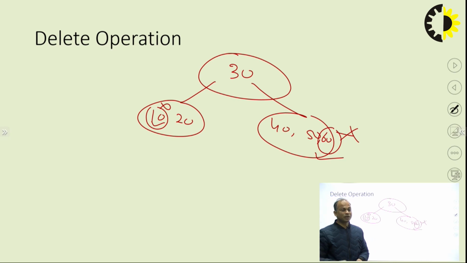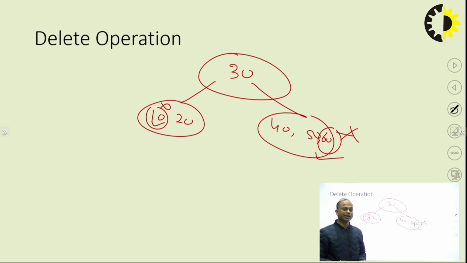But as per our property, the minimum number of keys should be 2, because the order is 5. The minimum number of children should be 3 for a non-root node. Therefore, the number of keys should be 2, and here we have only one key.